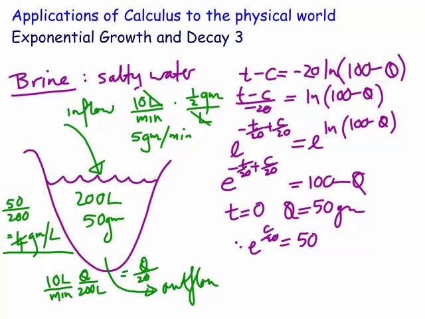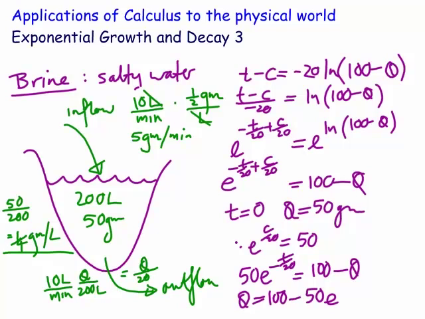Okay, and then we rewrite this equation eventually as 50 lots of e to the minus t on 20 is equal to 100 minus q, and we normally write q at the front. Therefore, q is equal to 100 minus 50 e to the minus 1/20th of t. Okay, you can see here minus t on 20.